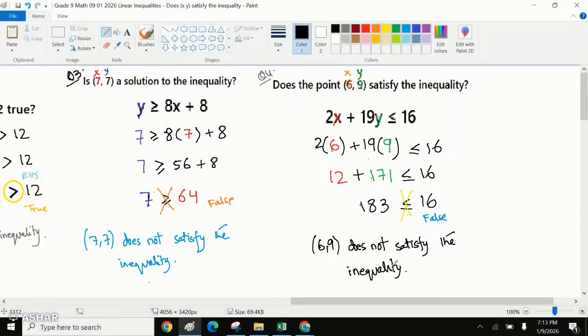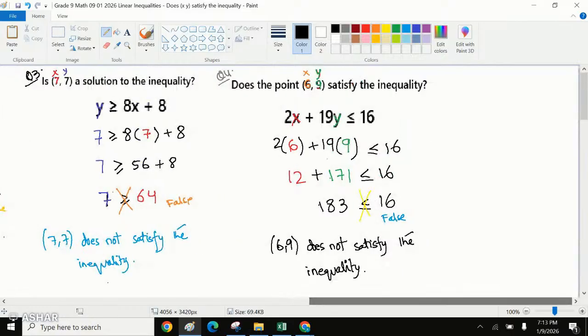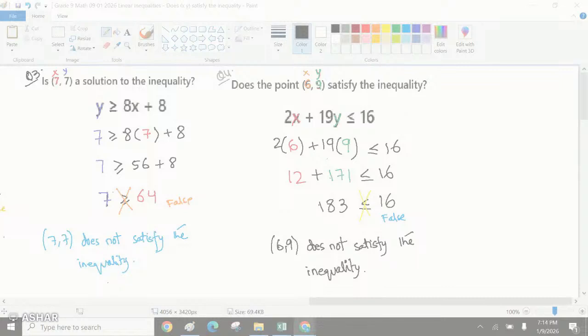Today we are just looking at what coordinates will justify the given inequality, okay? So moving ahead to the next question. In order to justify or satisfy, it should be true. So let's try the next question.